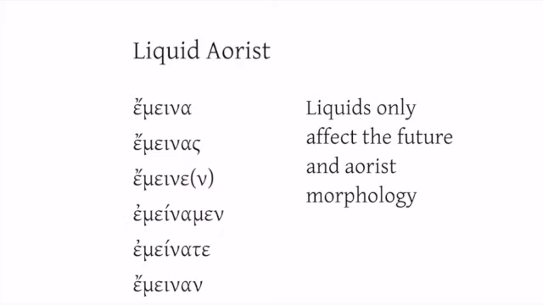Just some odds and ends to talk about in terms of our first aorist. Here are liquid aorists, and we've seen liquid futures. These are the same kind of thing, where we have a liquid at the end of our third principal part. Our liquids are mu, nu, lambda, or rho, and these are letters that have no natural stop. If you pronounce them, the only way they stop is you run out of breath.